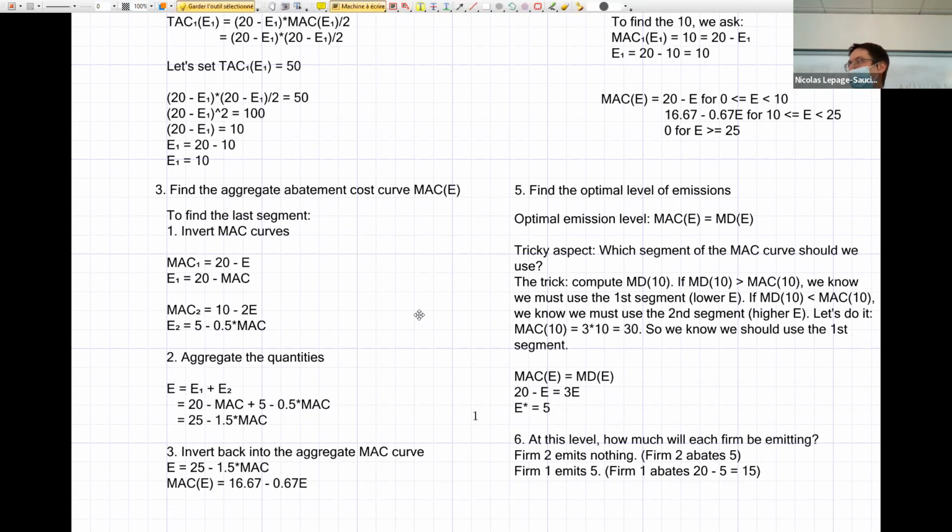Okay, so now if you don't mind, we can go to some exercises. Which one should we do? Maybe let's go with the first big exercise I posted. It's a nice one.